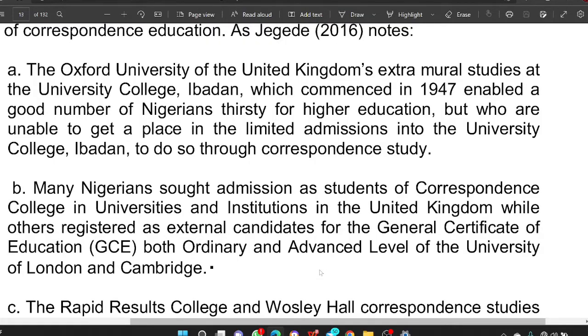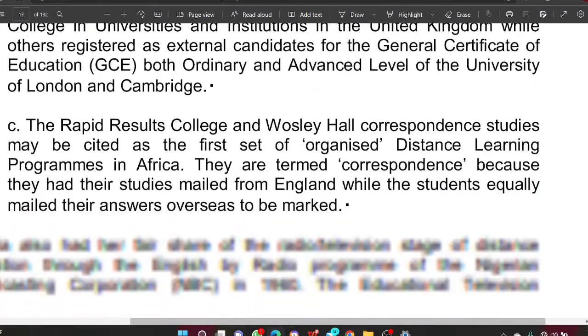Many Nigerians sought admission as students of correspondence colleges in universities and institutions in the United Kingdom, while others registered as external candidates for the General Certificate of Education (GCE), both ordinary and advanced level, of the University of London and Cambridge.